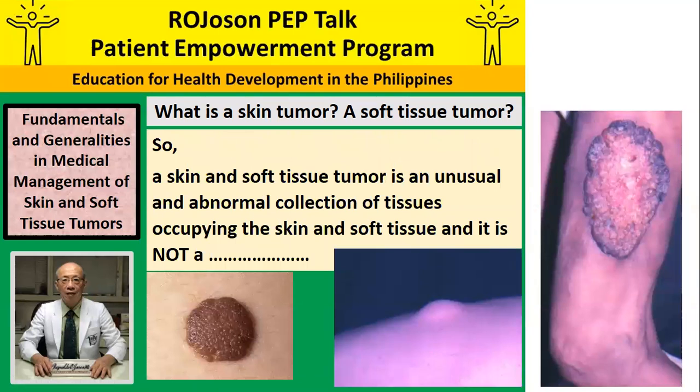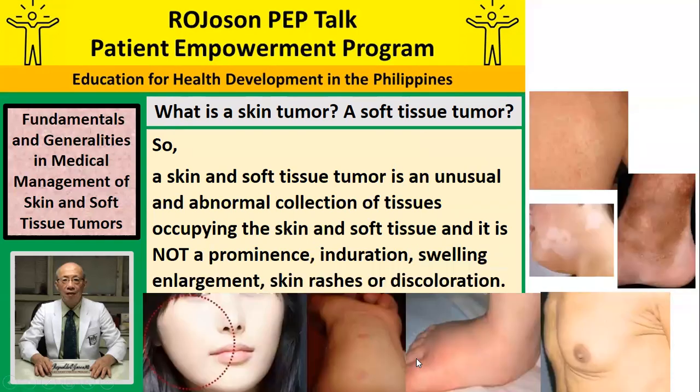So, a skin and soft tissue tumor is an unusual, abnormal collection of tissue occupying the skin and soft tissue, and it is not a prominence, induration, swelling, enlargement, skin rash, or discoloration.